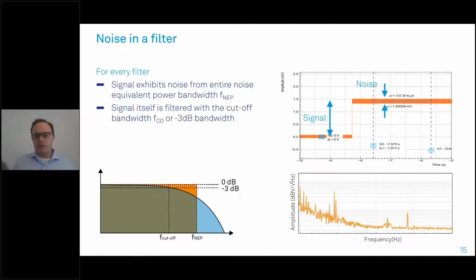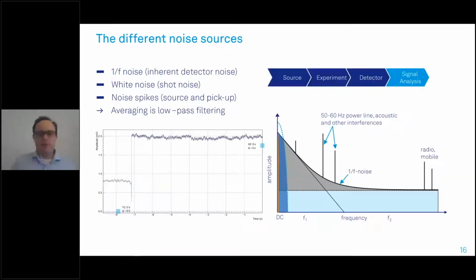Very important to keep in mind, the signal itself is filtered with the so-called cutoff bandwidth, the -3 dB bandwidth, which is always a little bit more narrow. So what does this mean if we think about the real noise sources in a real experiment? We always have different noise sources and noise contributions.